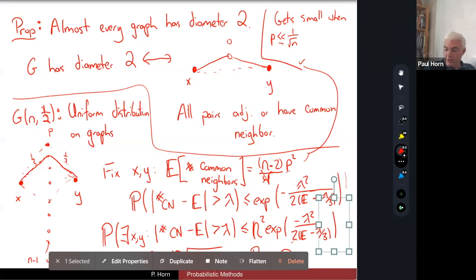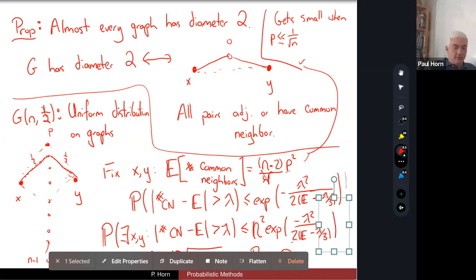There's another book of Alan Frieze and Karoński on random graphs. Various combinations of Polish people that I need to get right. That's also pretty good.